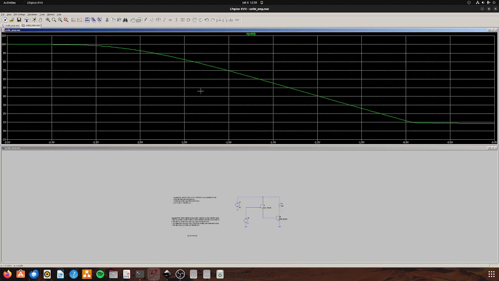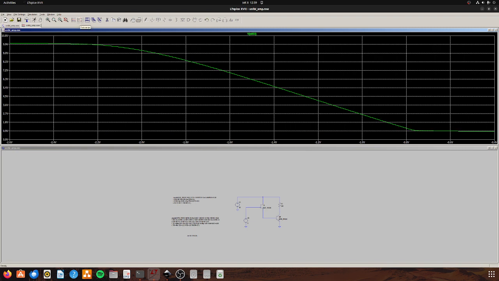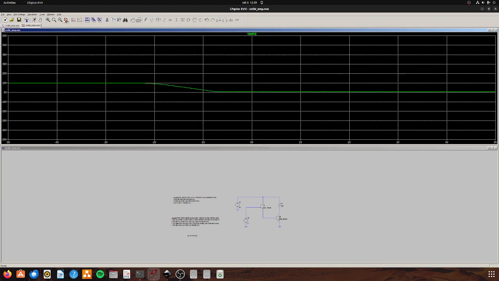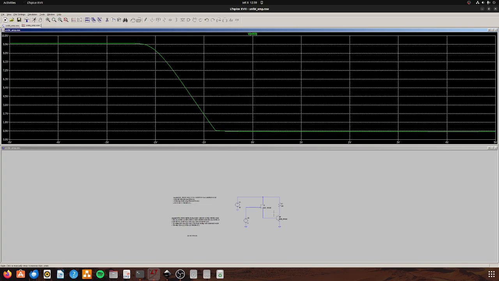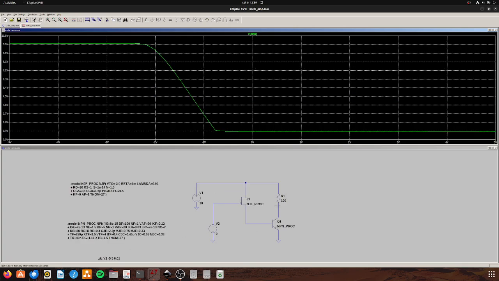I actually made the gain of the output stage very low, so it's easier to check the variation and the amplification of the current.